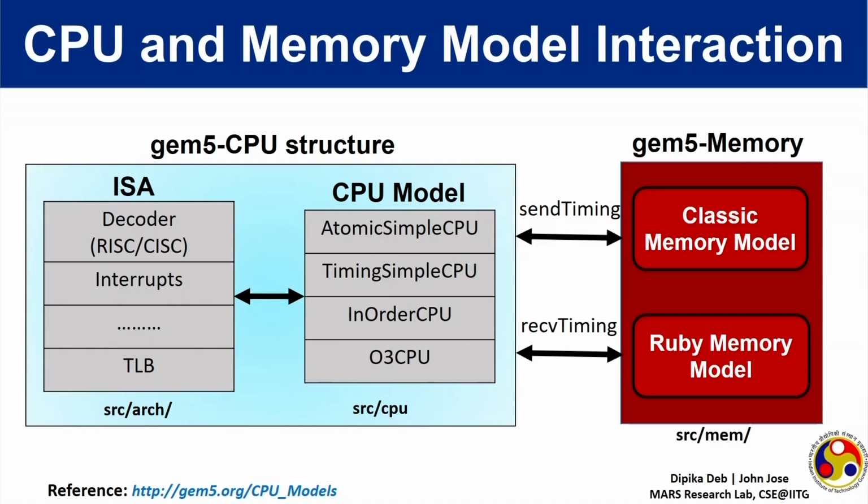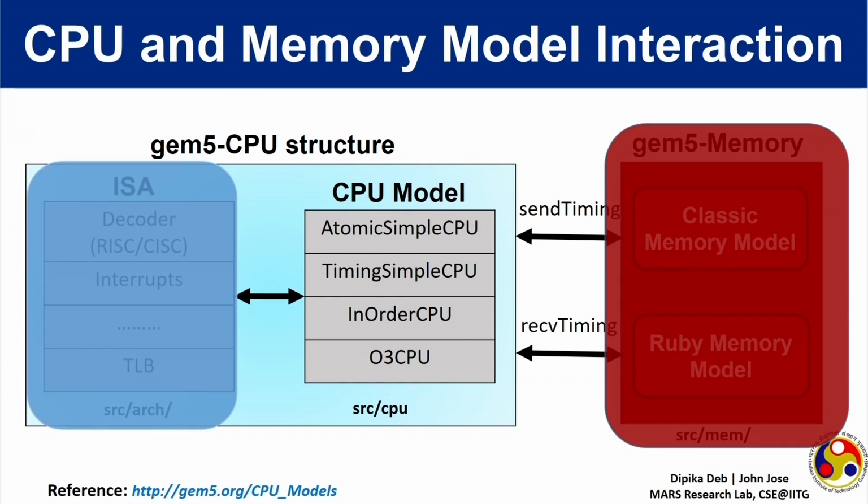Throughout the assignment of gem5, we will use the Ruby memory module. The figure shows the interaction between the gem5 CPU structure and the memory modules. In this video, I will describe only the available CPU models, especially the O3 CPU or out-of-order CPU.